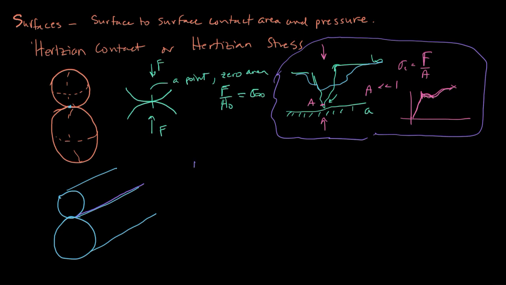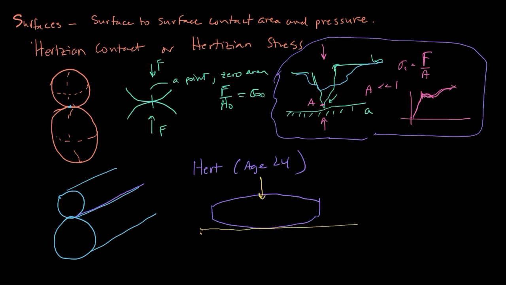And so what Hertz did when he was 24 years old is he was studying lenses. This is what a lens might look like that would bend light. This is a convex lens, and he studied what happened when a lens was on a surface and subject to a load.